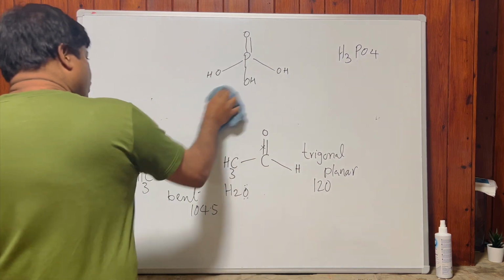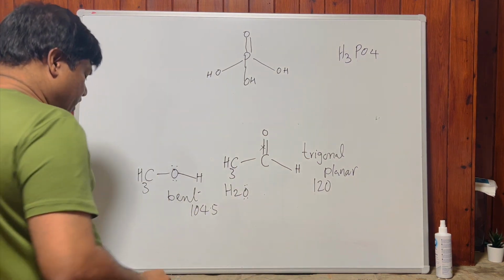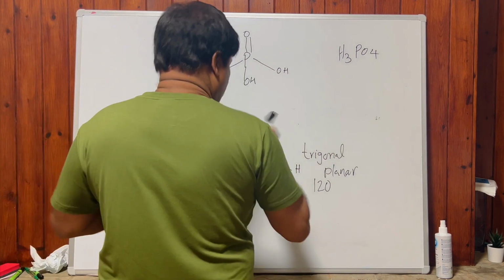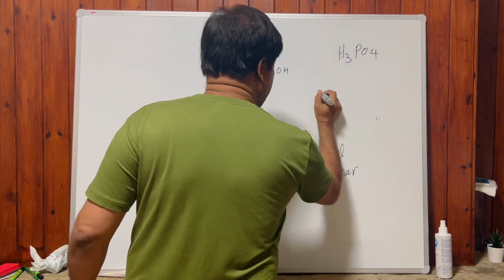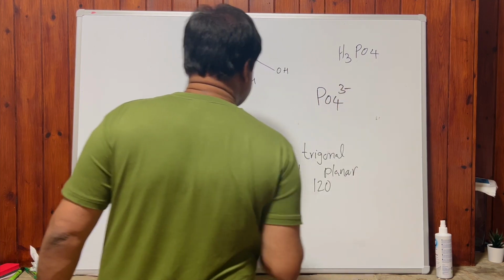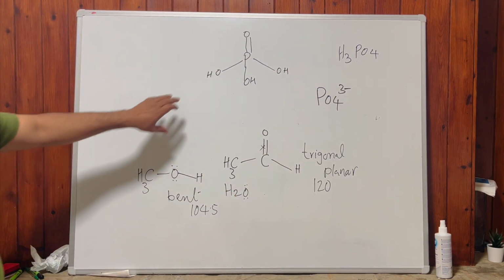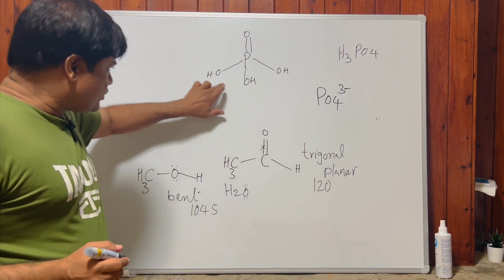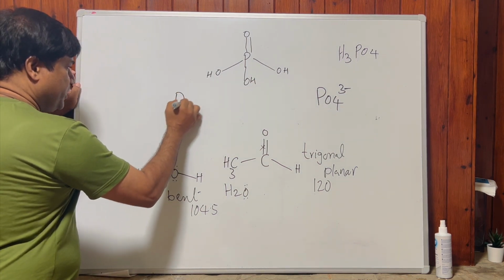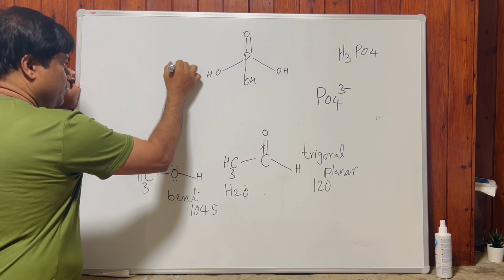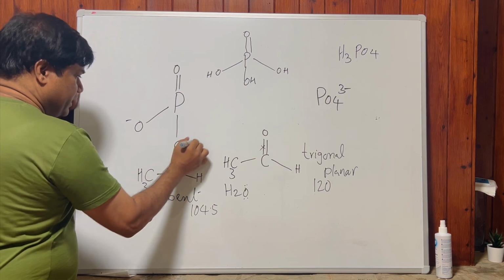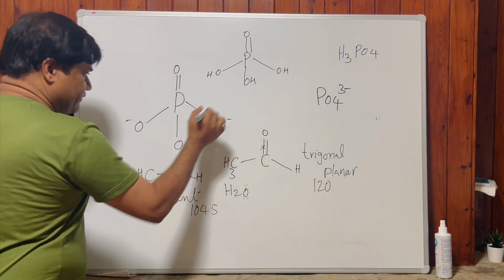So in the case of the phosphate ion, PO4 3 minus, it gives away all 3 hydrogens. Look at that. Phosphate: P double bond O, O negative charge, O negative charge, O negative charge.